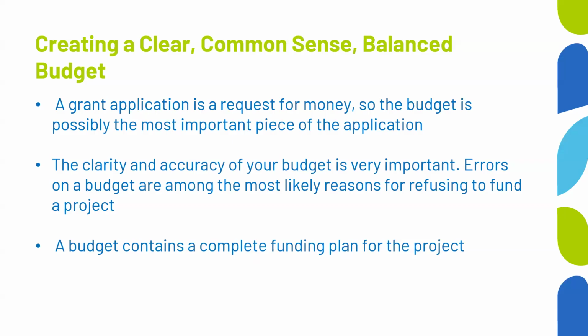That may sound a bit crass, but we have to make those hard decisions. So if there are errors, or if the budget isn't balanced, or it just doesn't make sense, that's a problem.